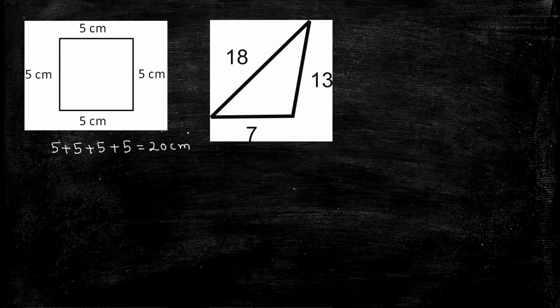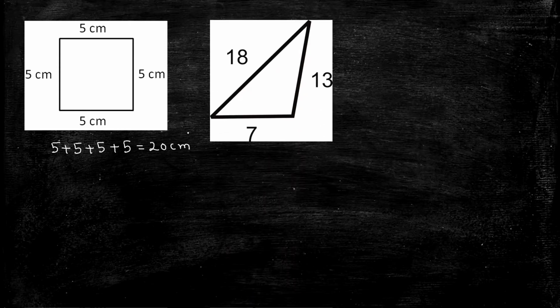Let's do a few more examples. Now this figure is a square with all the sides 5 centimeters. So the perimeter of this particular figure would be 5 plus 5 plus 5 plus 5, which is equal to 20 centimeters.